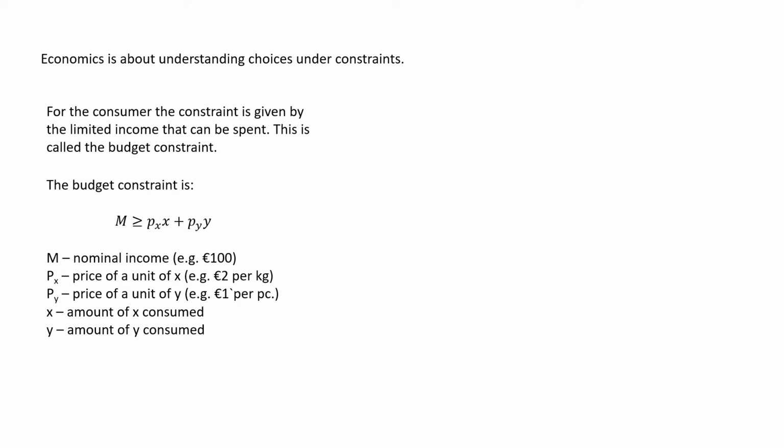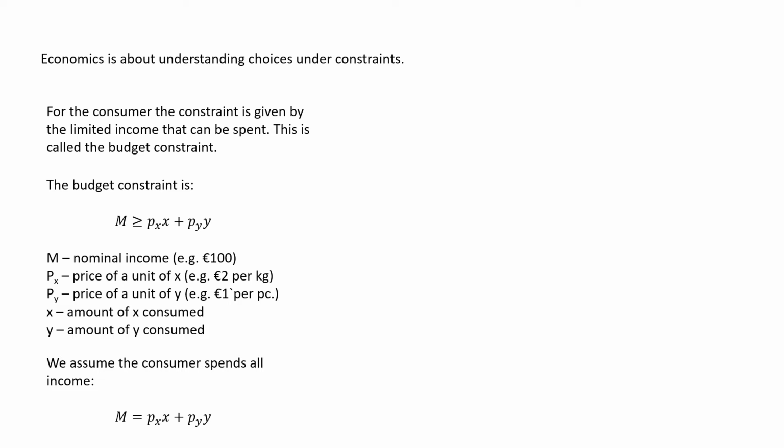So, in the basic case, the budget constraint can be written as an inequality, namely that M is either equal to or exceeds the total spending on these two goods. For simplicity, however, I'm going to assume that the consumer spends all of their income. In this case, this becomes an equality and actually makes our life a little bit easier.